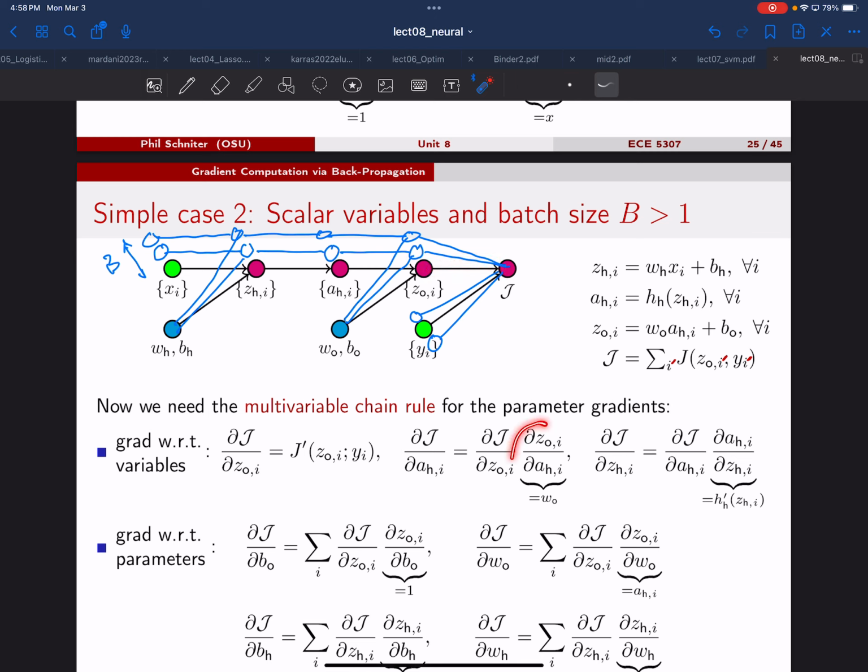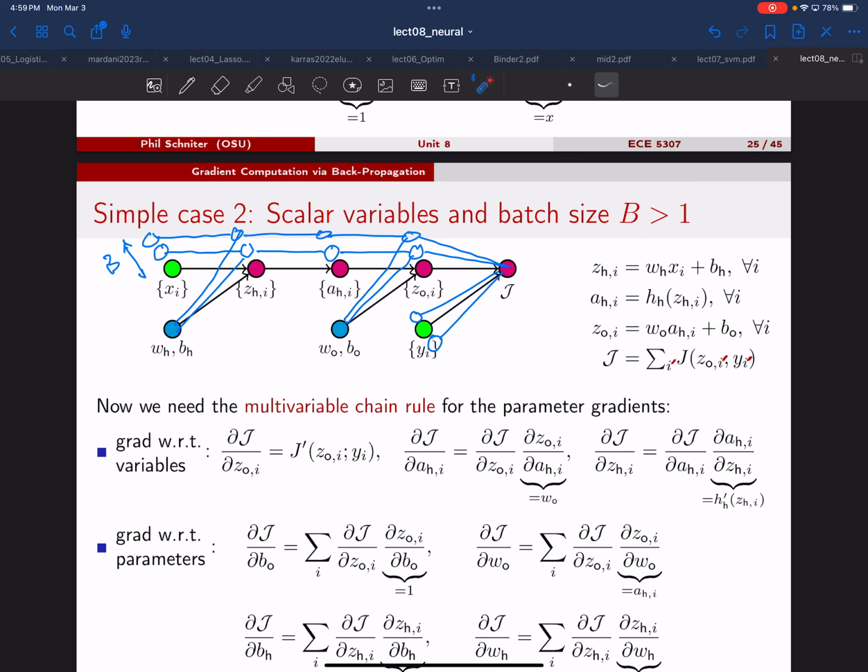And just like before, we can look at that derivative for a fixed i, that's just going to be W_O. And similar for these terms, so you could do this skip like this without really worrying about the different paths. They're all in parallel. Okay, so far, no multivariable chain rule to worry about. Is everybody okay with this part here?